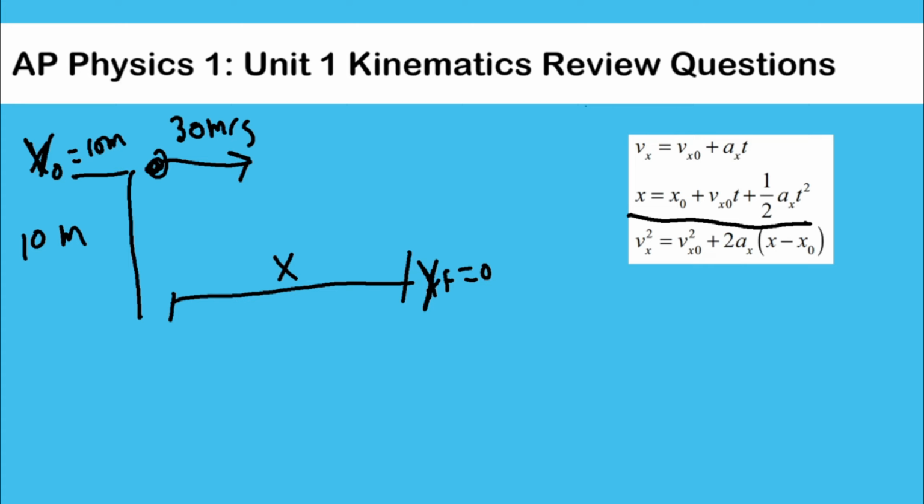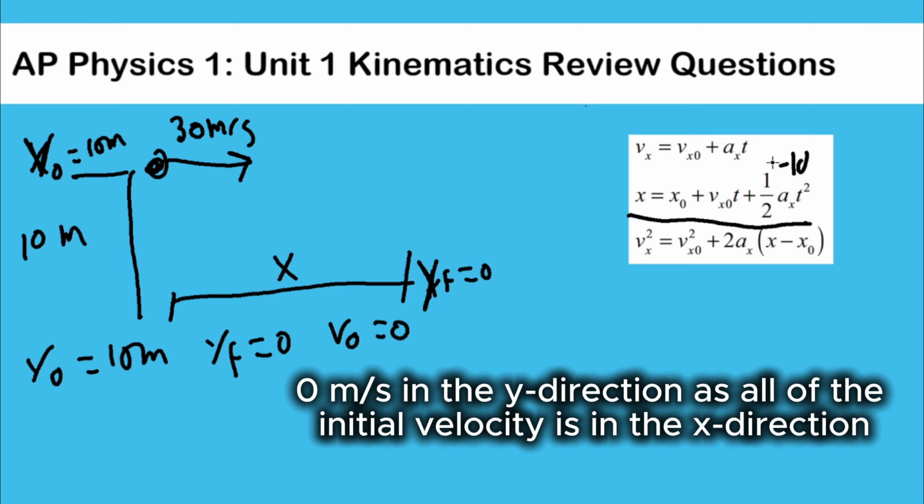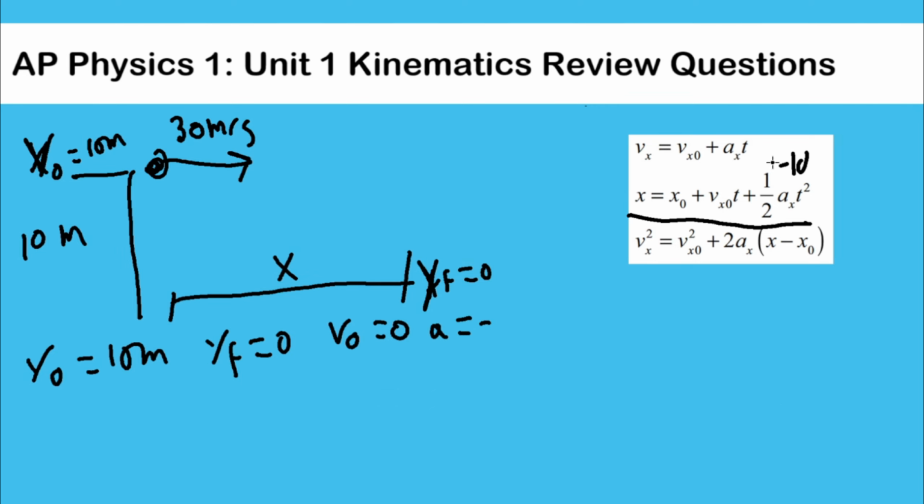And for this term, acceleration due to gravity, let's use negative 10 this time. So let's start finding out the equation. So we have y initial is 10 meters, y final is 0 meters, velocity initial is 0 meters per second, and acceleration is equal to negative 9.8 meters per second squared. And we're going to be looking for time.